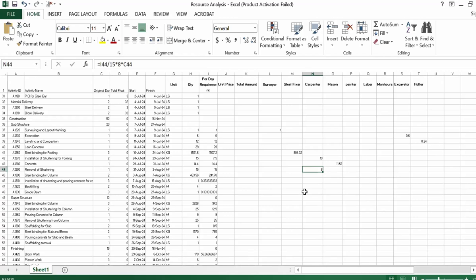Installation of shuttering and pouring, and steel binding for column. We need a steel fixer for this. So we will copy from here, or directly we can give the formula.